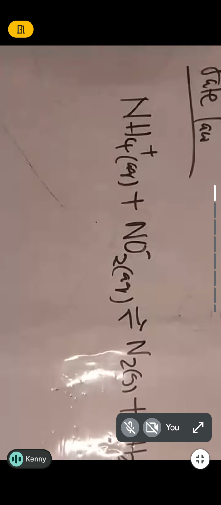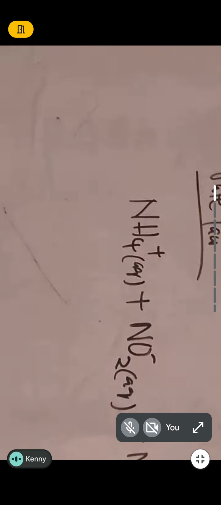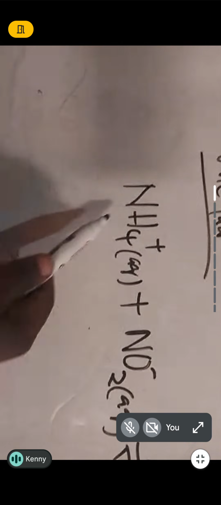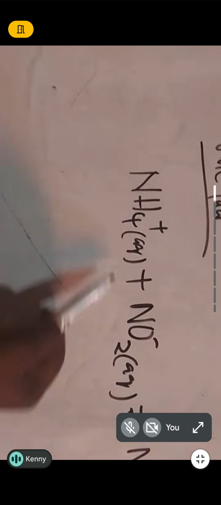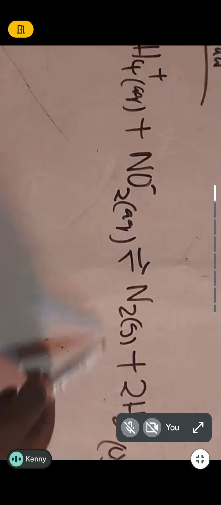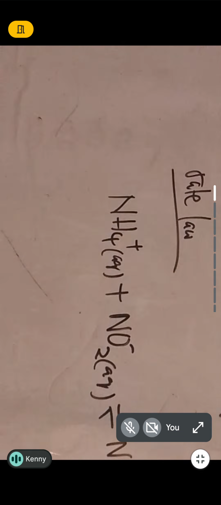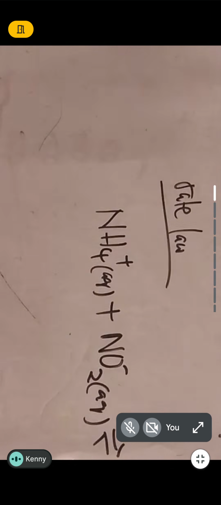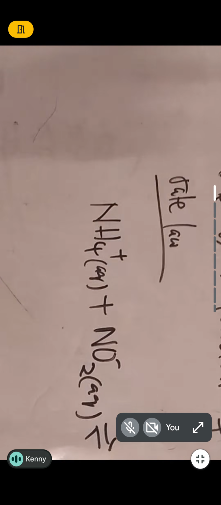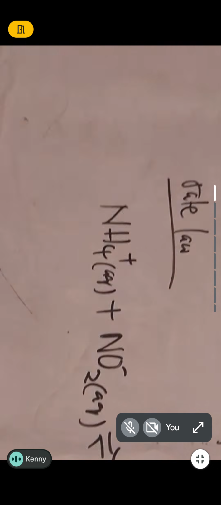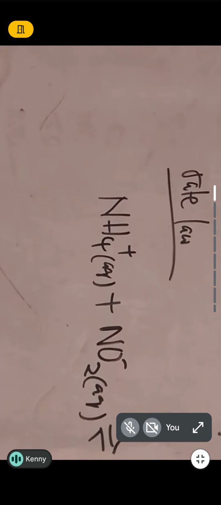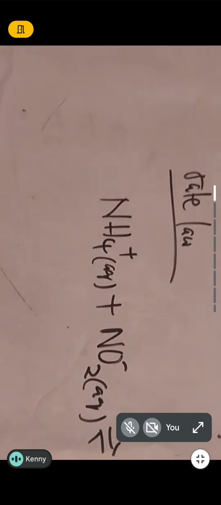To write the rate law of this reaction, we are going to look at the reactants. You don't worry about the products. The products will not appear in the rate law. We are only looking at the reactants, since the reverse reaction is not considered; it's negligible.